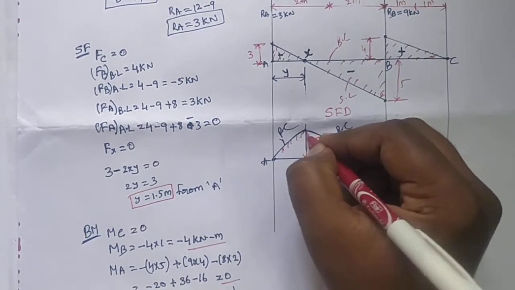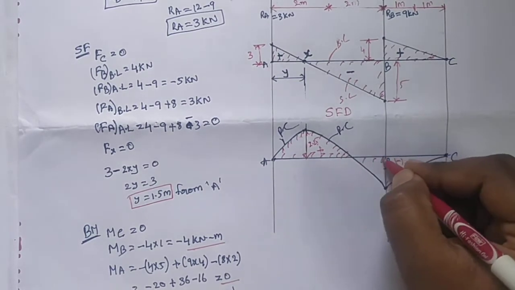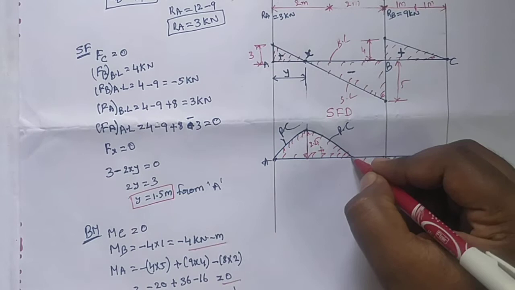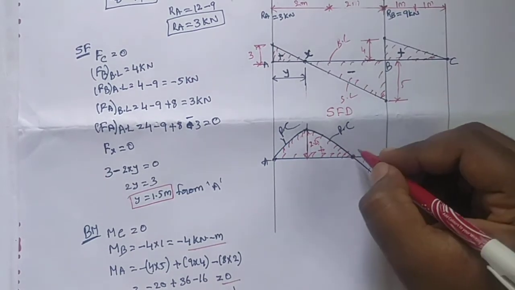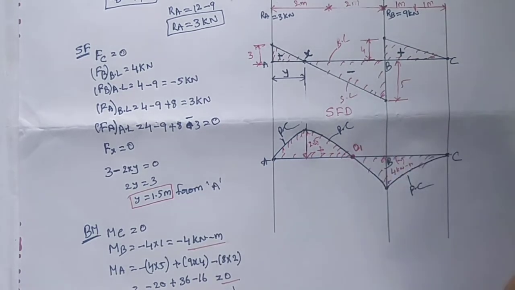Here the bending moment changes sign from negative to positive at one point. That point is known as the point of contraflexure. It is denoted with the notation O1.